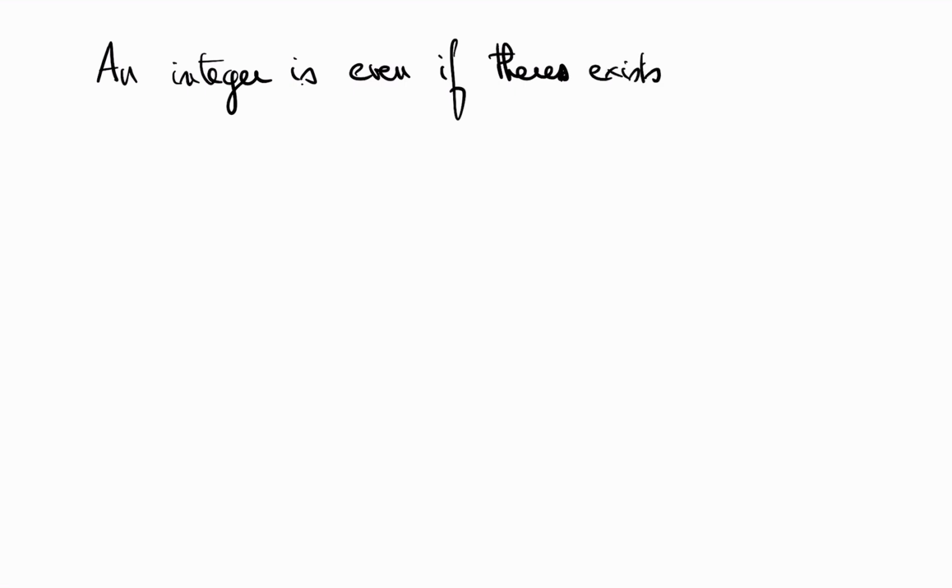The very first part, introduction, is it's important to realize that an integer n is even if there exists k belonging to Z such that n is equal to 2k.